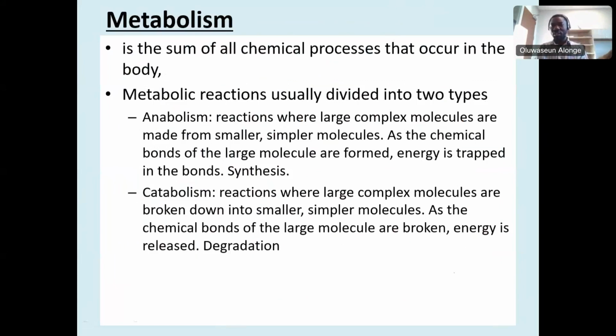Some of us have lactose intolerance, and lactose is simply a disaccharide. Think about it as a large molecule that is in milk. The lactose is not large for your mouth, but it's large for your cells. So when lactose gets into your system, it needs to be broken down into smaller molecules. That is catabolism.